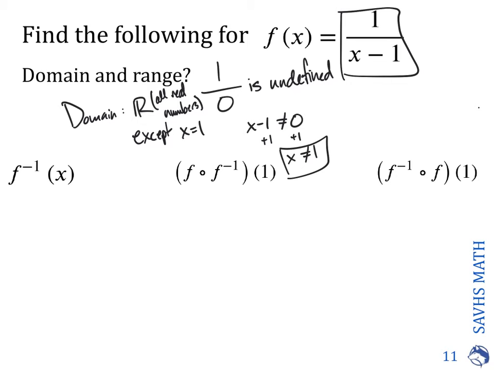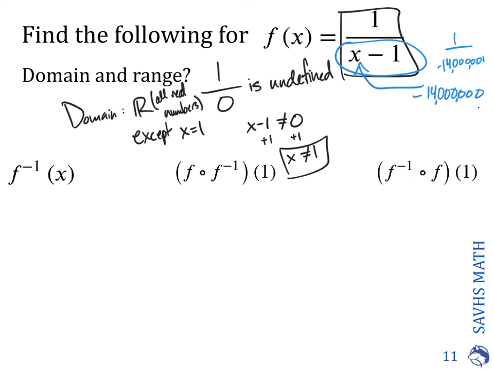The range is a little bit tricky here, because if you think about what this graph looks like, we don't have any instincts about that. But one thing we can do is think about what happens if you put in a couple of different values. If you put in negative 14 million, just as an example, for x, you're going to get such a tiny number: 1 over negative 14 million, minus 1.